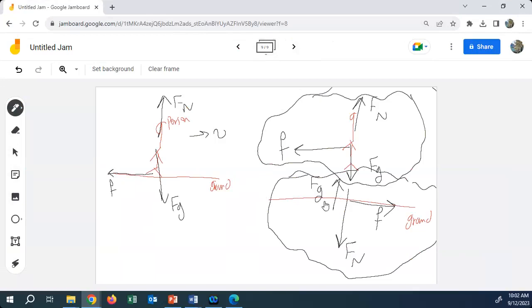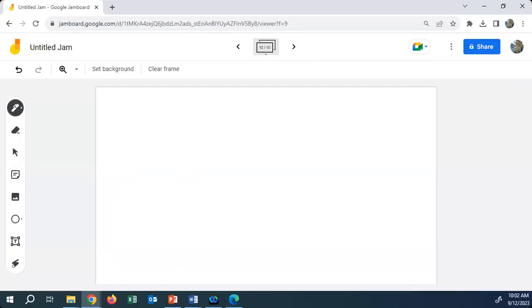Let me just go to the next slide. We just say this is a person. What are the forces which are exerted on a person? Normal force, force of gravity, yes, and the friction. These are the forces that I analyze. What about the ground? We just draw the ground.